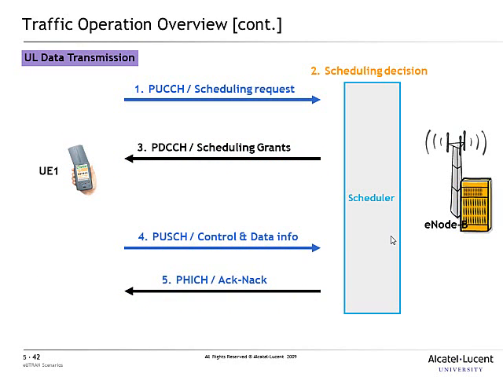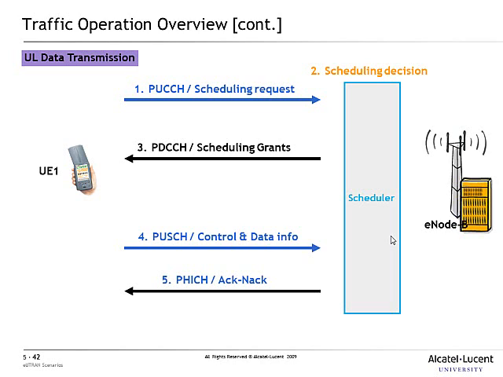And just as in the downlink, scheduling decisions are done by the scheduler, even for the uplink, all scheduling decisions are made by the E node B. Okay, so in order for the E node B to make the decision, well, at some stage the UE has to send a scheduling request saying, look, I've got data to transmit on the uplink, can you give me some resources?